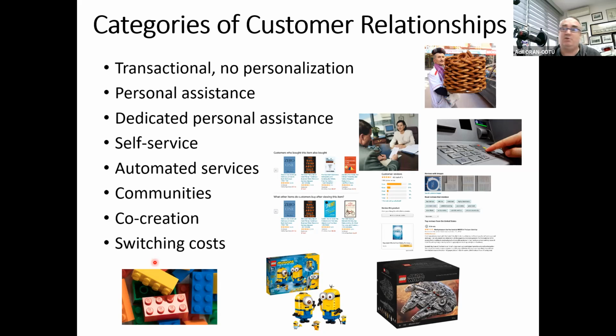But if I switch to another brand, to an Android, in that case, I may have to do a lot of work to set up my new phone. So they have high switching costs, which helps the company retain their customers as well. So one way is making it difficult to switch, but an even better way to keep your customers is make sure that they're happy with your product.